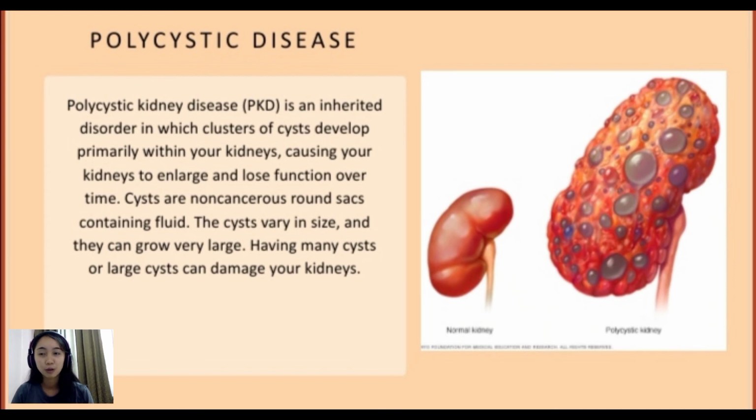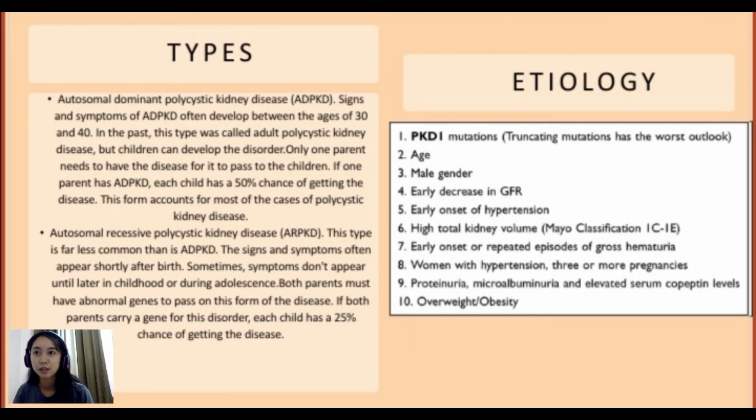Having many cysts or large cysts can damage your kidneys. Types of polycystic disease are the autosomal dominant polycystic kidney disease and the autosomal recessive polycystic kidney disease.